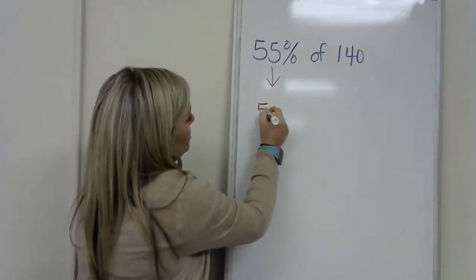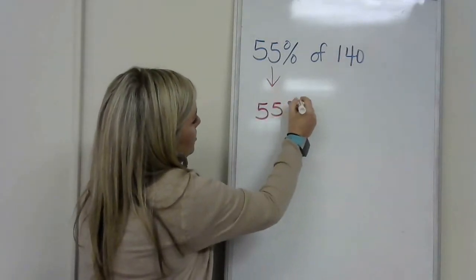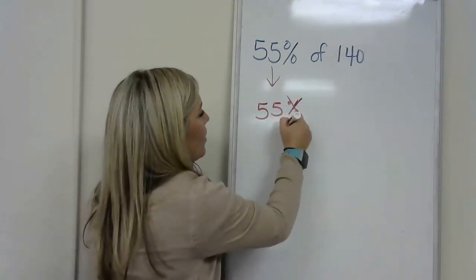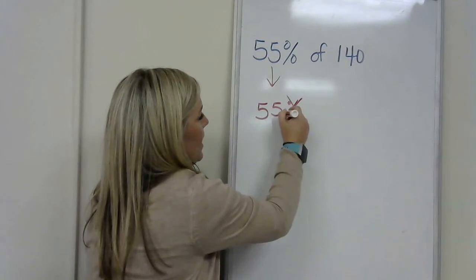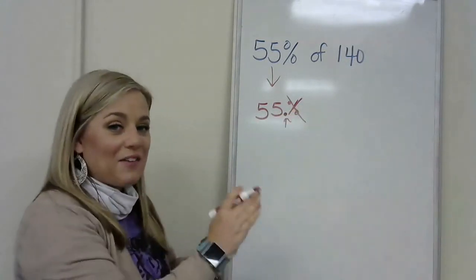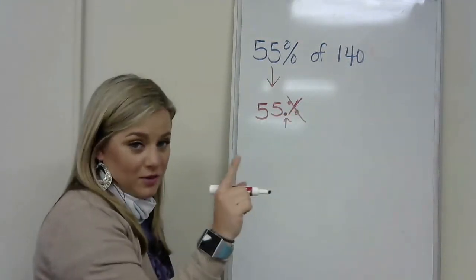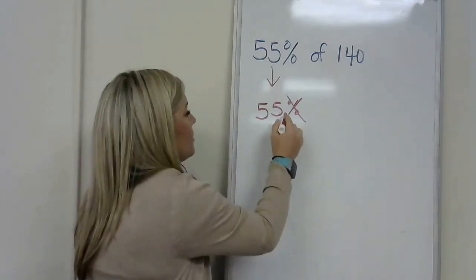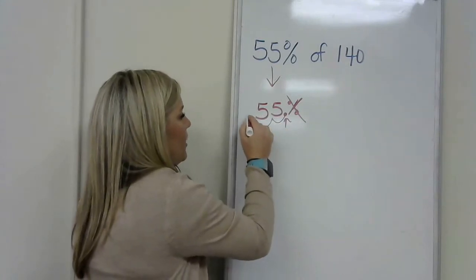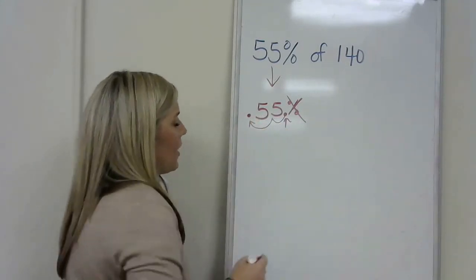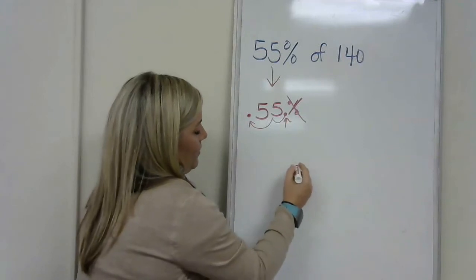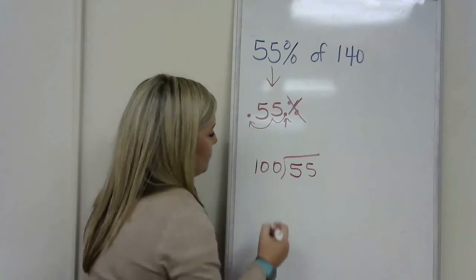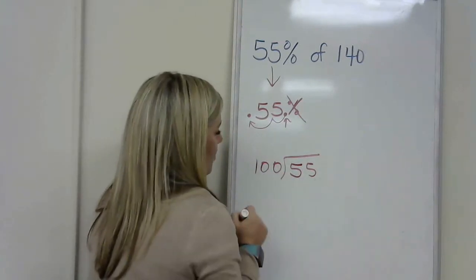In order to do that, we're going to drop the percent sign, and we're going to add a decimal right here. But that's not it. It's not 55. We have to turn it to a decimal, so we have to divide it by 100. We would technically be moving it 2 decimal places to the left. Now if you divided 55 by 100, 100 cannot go into 55.